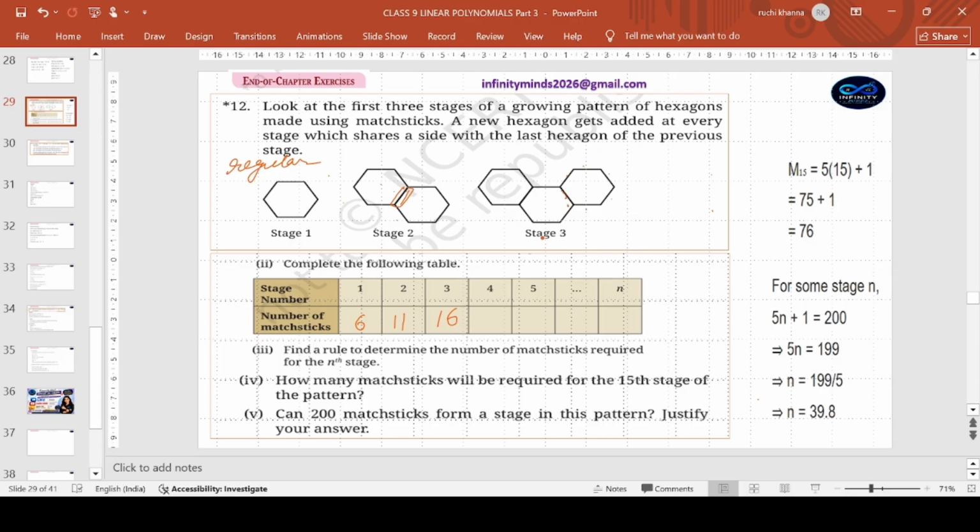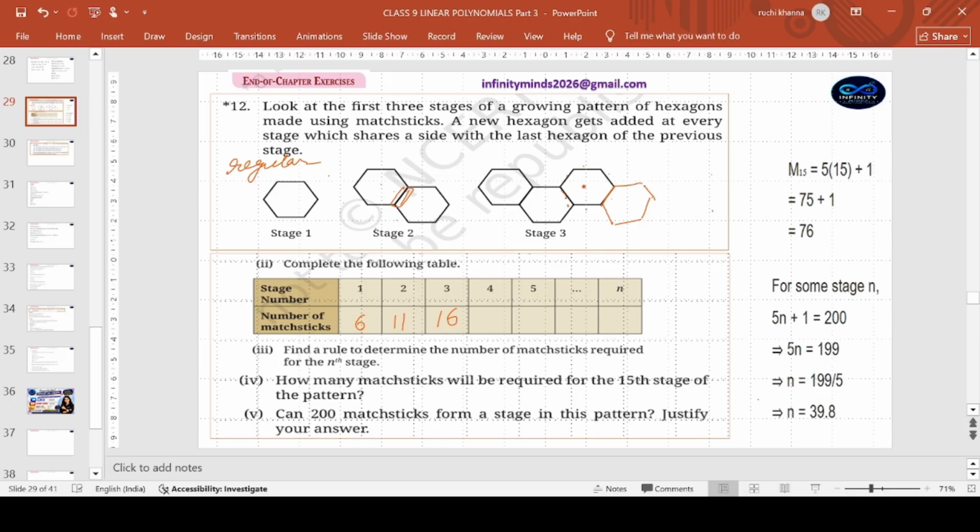Of course, you can count. And similarly, if you create more such shapes, every time 5 more matchsticks will be needed. Like if I create a fourth stage here using one of the sticks as a common side, this would be considered as one of the sides of the new hexagon that I'm trying to create, with this as the overlapping. 1, 2, 3, 4, 5 and 6.